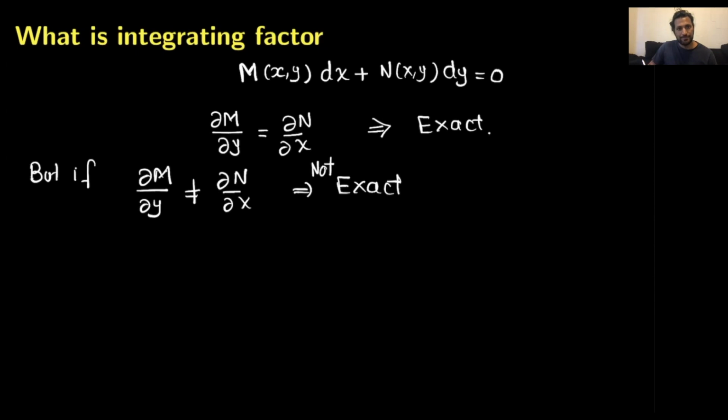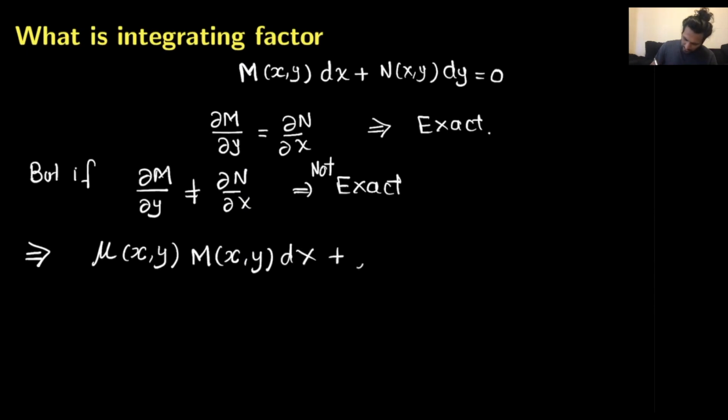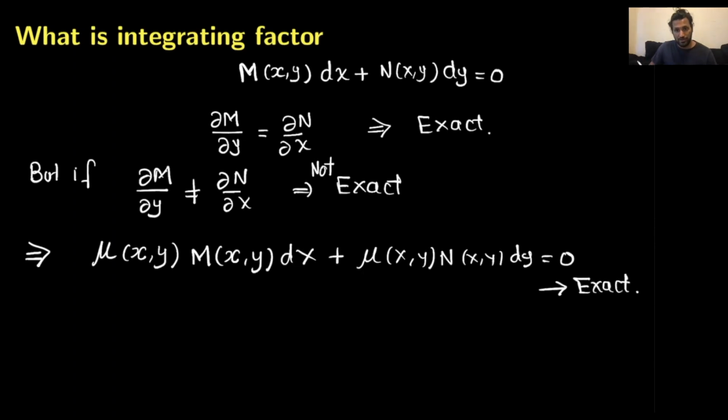exactness, and maybe it is possible to find a factor which is a function of x, y. If it is possible to find a function such that when I multiply throughout the differential equation, the differential equation turns into exact, this will solve our problem.